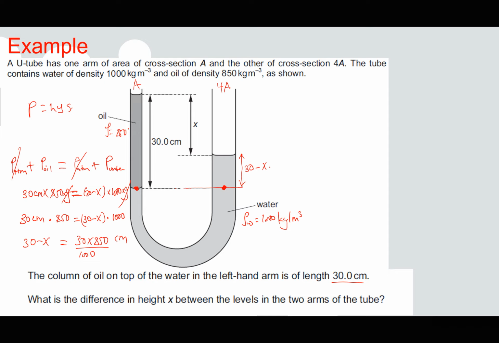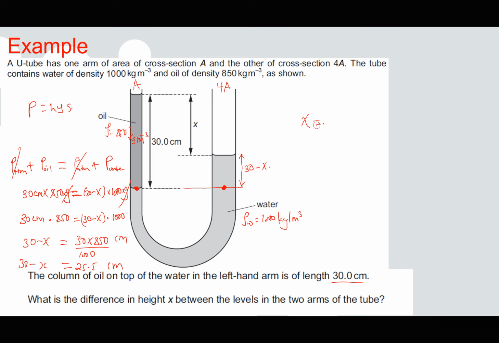These ones are going to cancel out. So I only remain with the units of centimeters. So this gives us 25.5 centimeters. So 30 minus x is 25.5.